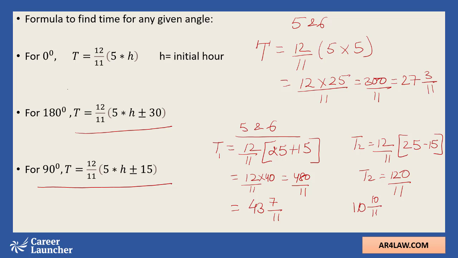So the two times at which the hands of the clock will make a 90° between them between 5 to 6 p.m. would be 5:43 7 by 11, and the other time is 5:10 10 by 11. So if you remember these formulas, there's not going to be any confusion.